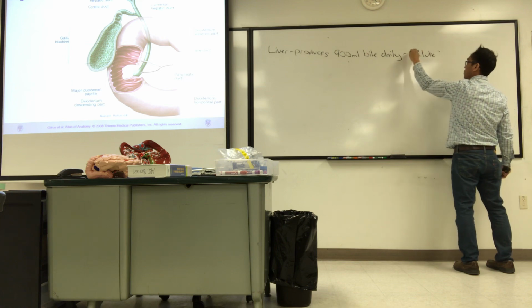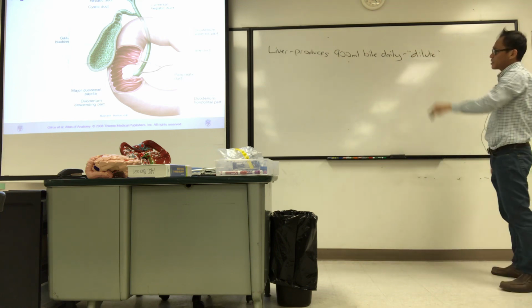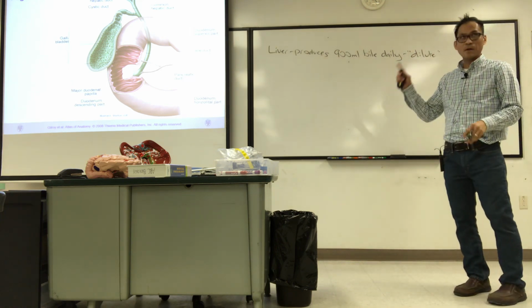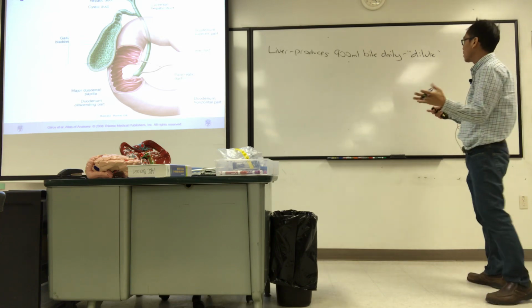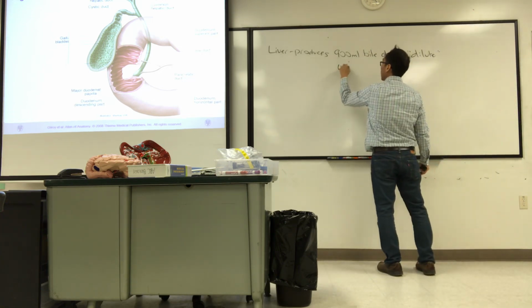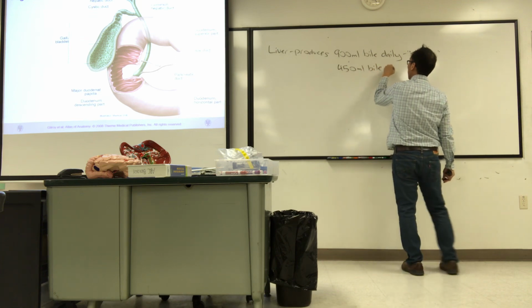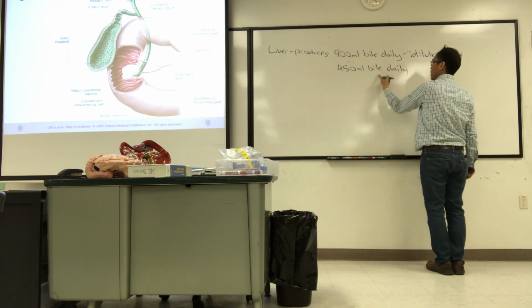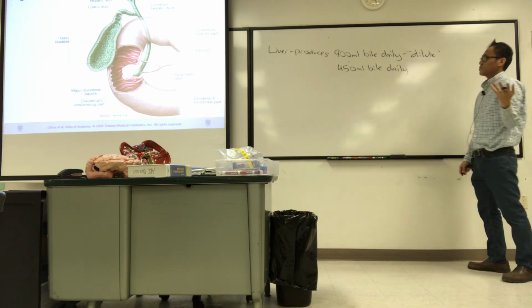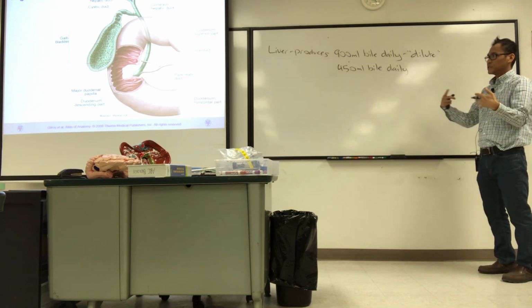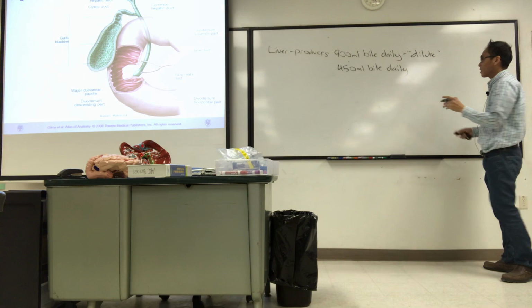Some of this bile is diverted to the gallbladder if you still have one. About 450 of the 900 ml is produced between meals when you're not eating.